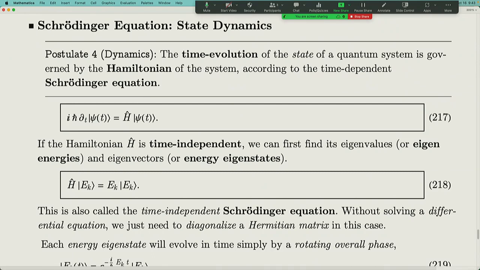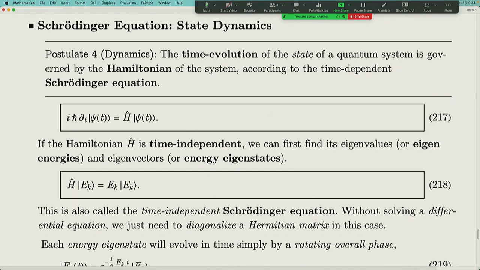So this is the generic case where the Hamiltonian is time dependent, but I didn't write it down explicitly there, so I should really put a bracket here, Hamiltonian is time dependent. But if the Hamiltonian is time independent, this equation can be simplified because we can first find its eigenvalues and eigenvectors. Hamiltonian is time independent, meaning that it's a definite Hermitian matrix that will not change in time.